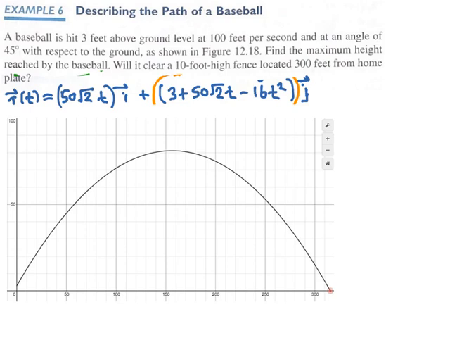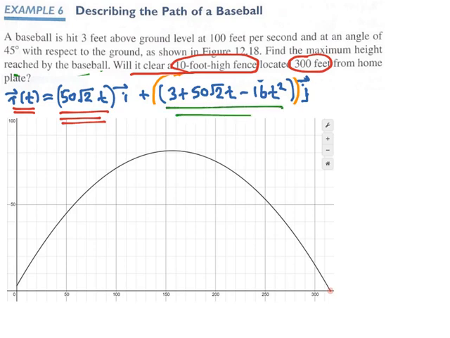To answer the second part of the question analytically, we've got to read the problem carefully. Will it clear a 10-foot high fence located 300 feet from home plate? And when you look at the position vector, the x component tells you the distance the baseball is from home plate at time t, and the y component tells you the height of the baseball above the field at time t.